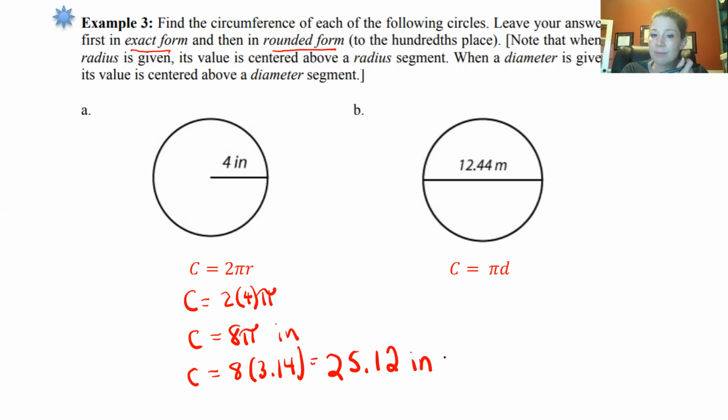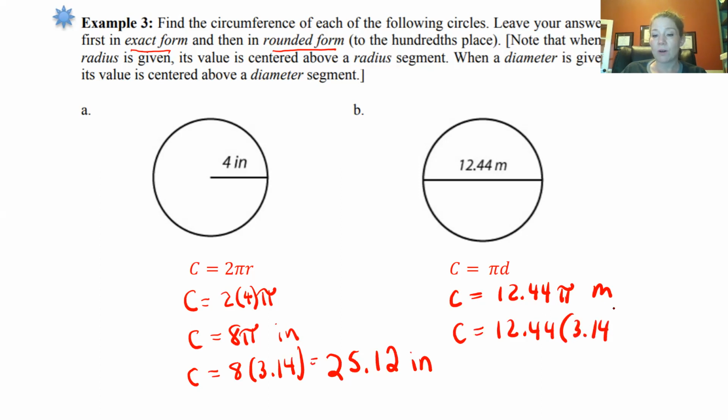All right, and then letter B. This time we don't have to double the radius because we are already given the diameter. So on letter B, our exact answer would simply be 12.44 pi meters. And then for our estimated answer, we're going to multiply 12.44 times 3.14.